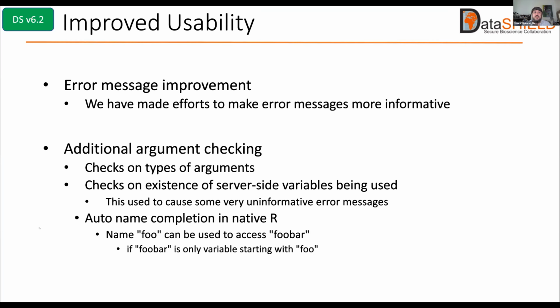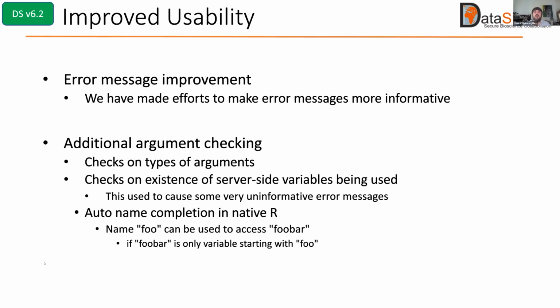One of the key things is that we've added checking to make sure that if you're trying to use the name of an object on the server, that object does exist before it tries to perform operations on it. It used to give some very uninformative messages if you tried to do that. So we not only check that it exists, but we also check the actual type of the argument.